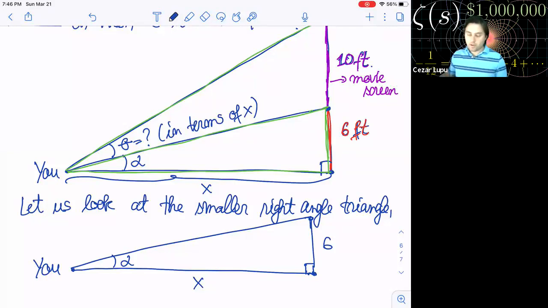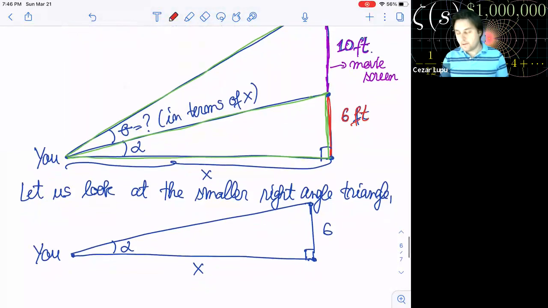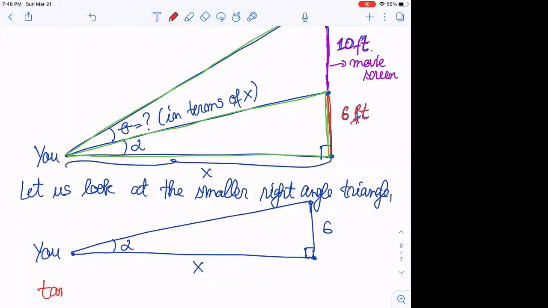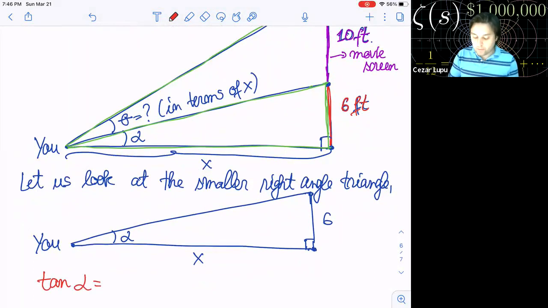Great. So in general, let me write this. So we have that using the usual trigonometry, you'll have that tangent of alpha, right? Is what? Is the opposite leg over the adjacent leg.